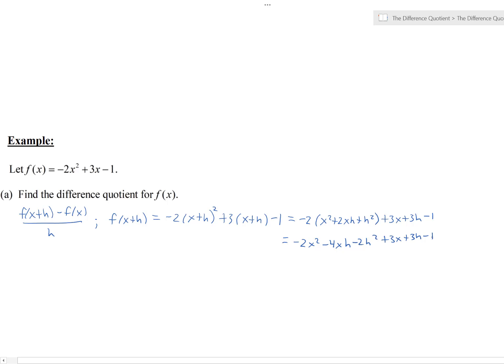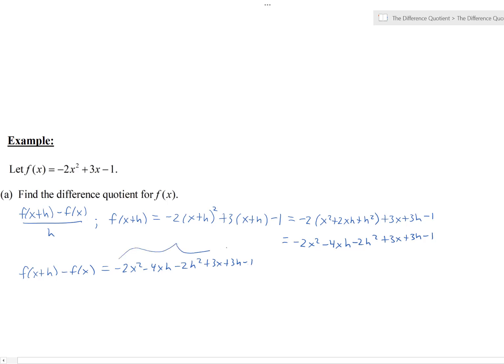But now we're going to subtract from that f of x. So let's calculate f of x plus h minus f of x. We're going to take what we just got in the result, negative 2x squared minus 4xh minus 2h squared plus 3x plus 3h minus 1.